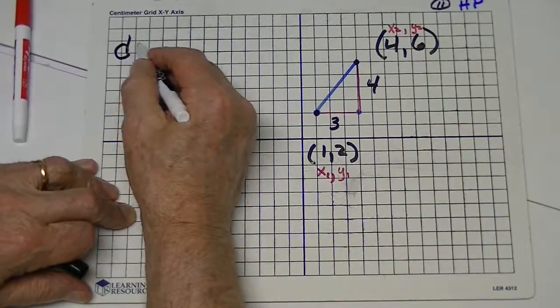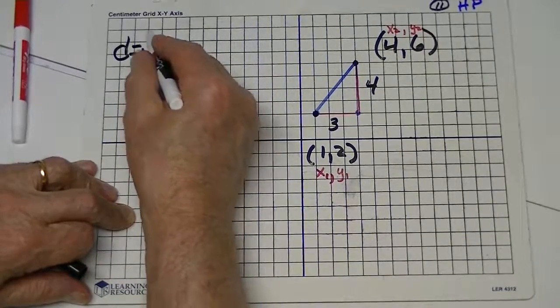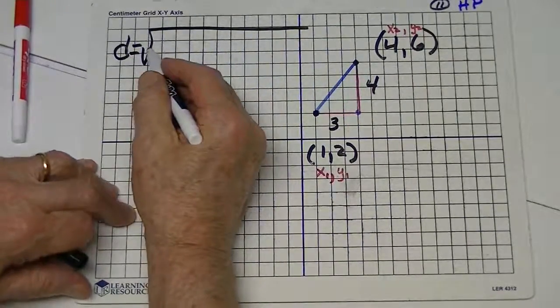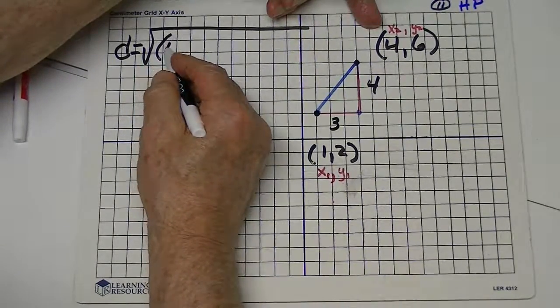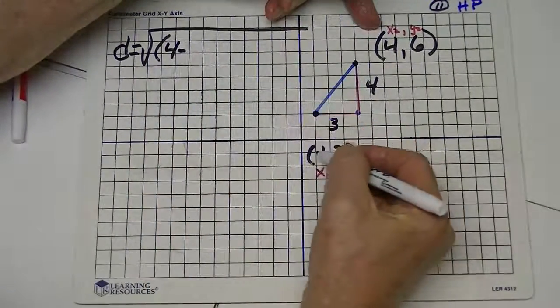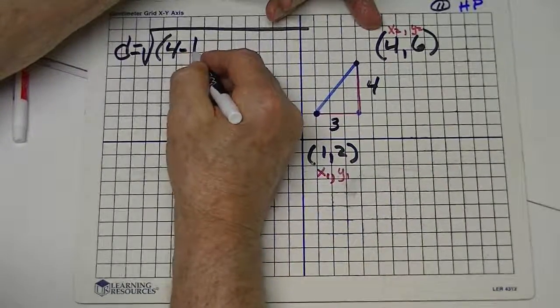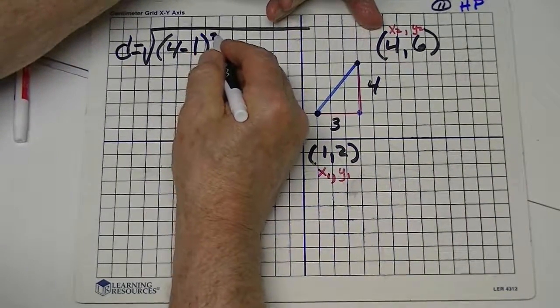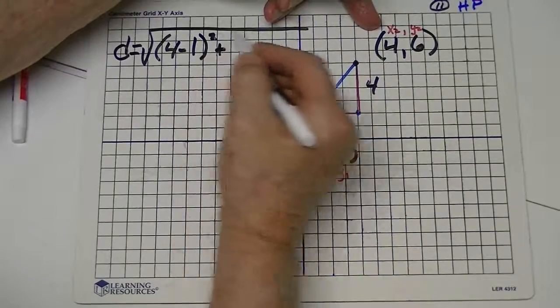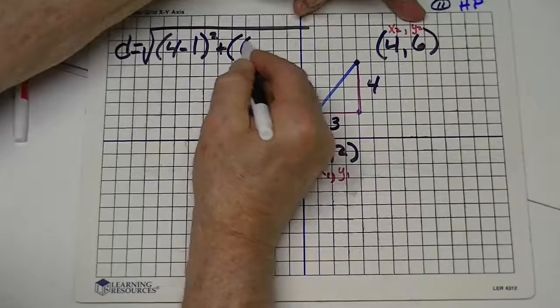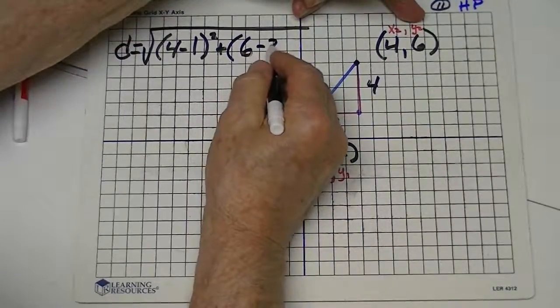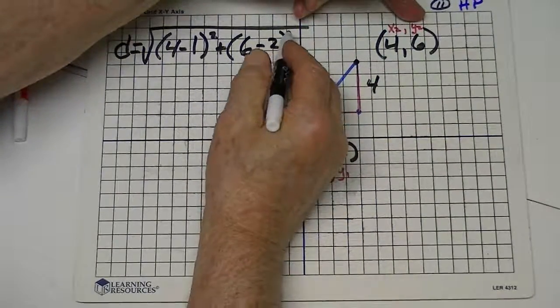So we have distance is equal to the square root of, now we said it'll be 4 minus 1 squared plus 6 minus 2 squared.